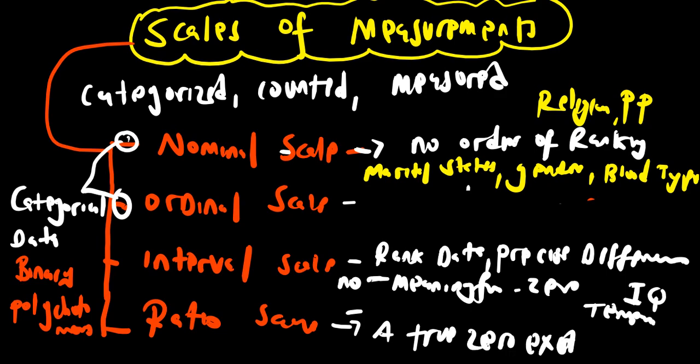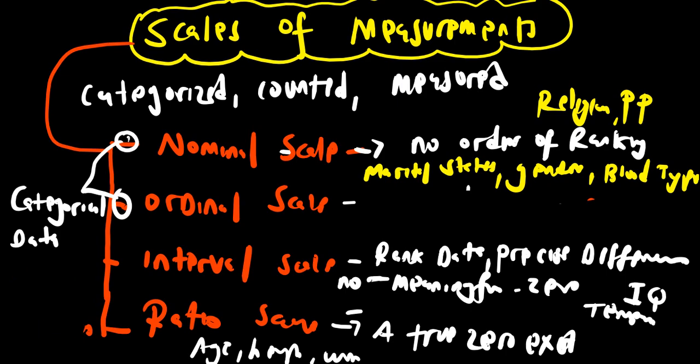It will have everything from the interval scale, but the only difference is that a true 0 will exist. Examples that you can give are someone's age. You can have an age of 0, a height of 0, a weight of 0, an area of 0. You need to understand that. Very, very important. The ratio scale includes everything.